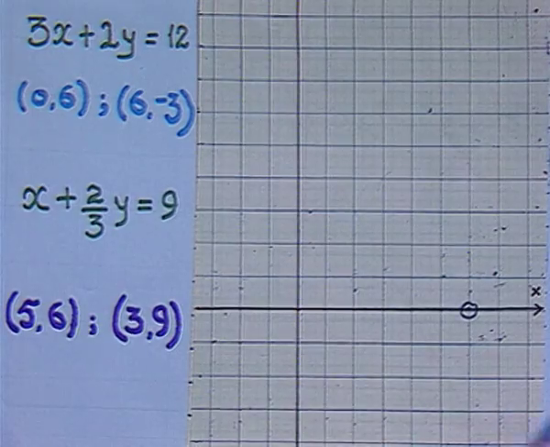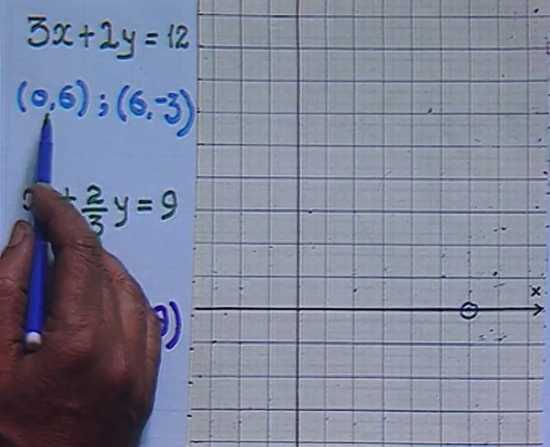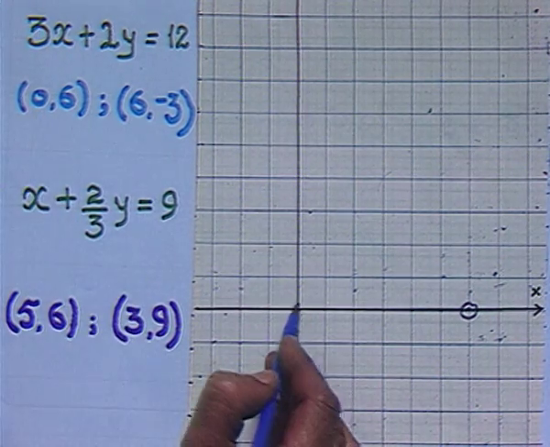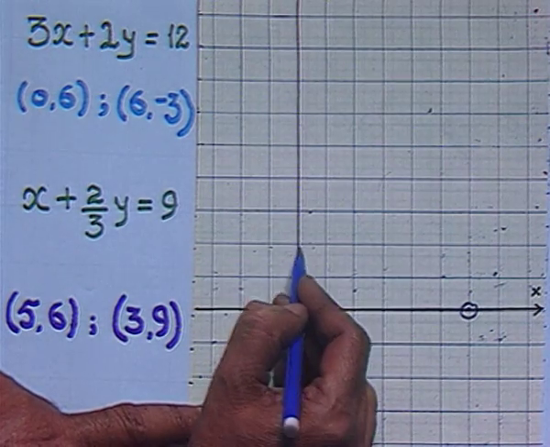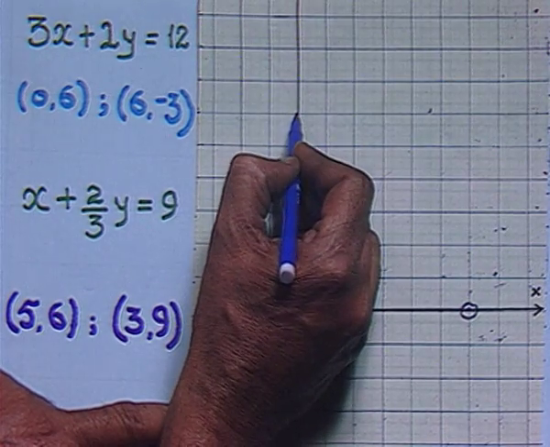So let's now plot the graph for these ordered pairs. The first ordered pair here is (0, 6). Now (0, 6) means I don't have to move any distance onto the x-axis. So this is 0, and 6 units I will move up, 1, 2, 3, 4, 5, and 6.